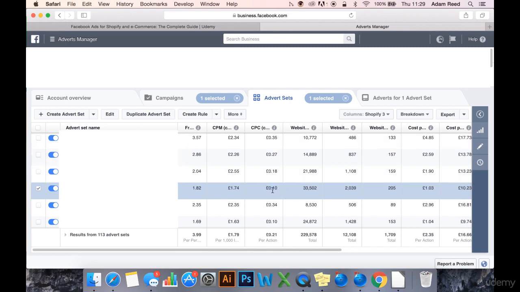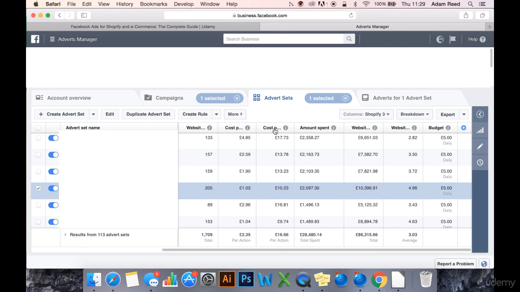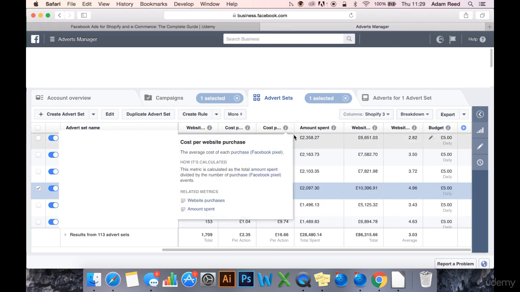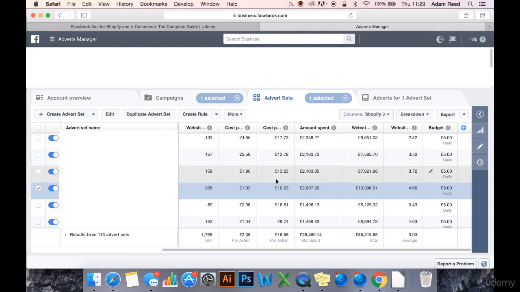10 clicks, obviously. Okay, so then you need to come over to the cost per website add to basket and cost per purchase columns. What you're going to do is open that document where you worked out your numbers for this product, and you're going to go through and note which of the ad sets are running profitably and which are running at a loss. Now these 6 are all running at a profit.